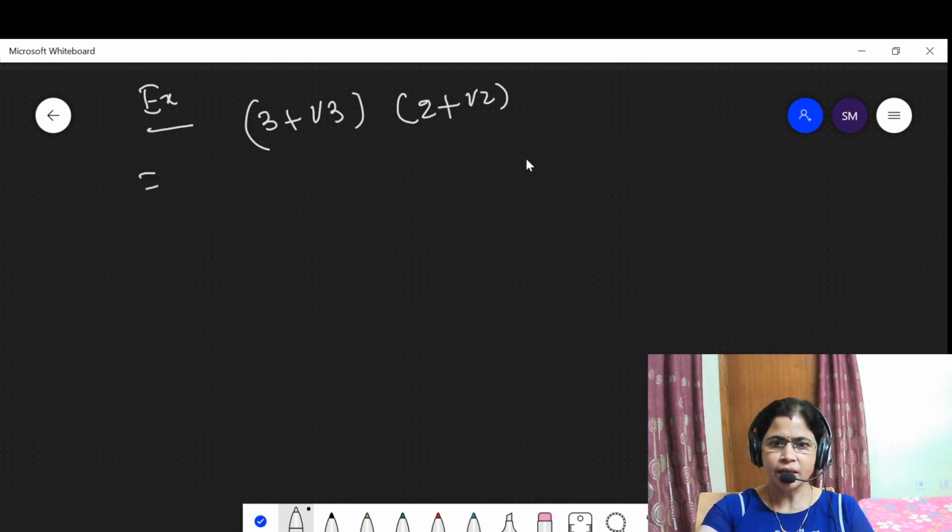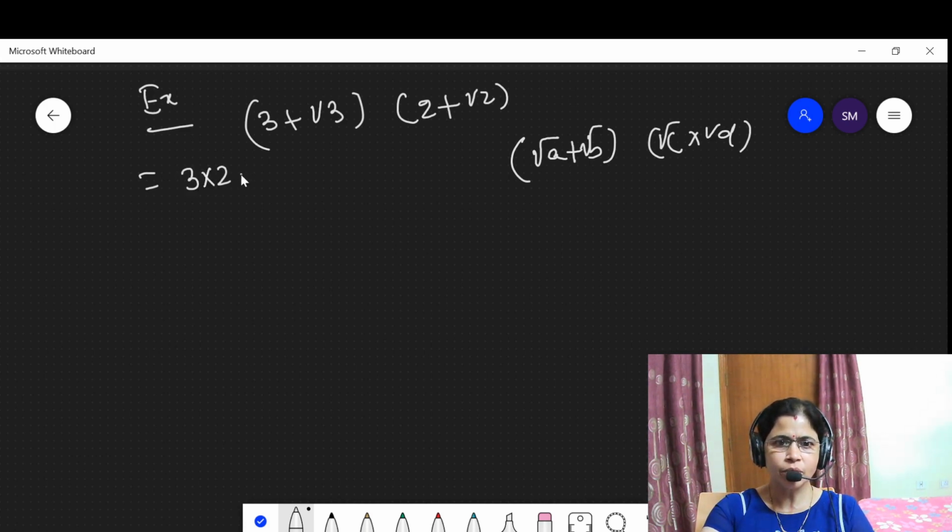Recall those identities. Root a plus root b into root c plus root d. In this way you can write this as 3 into 2 plus 2 into root 3 plus 3 into root 2 plus root 3 into root 2.